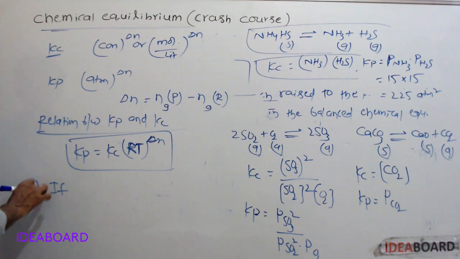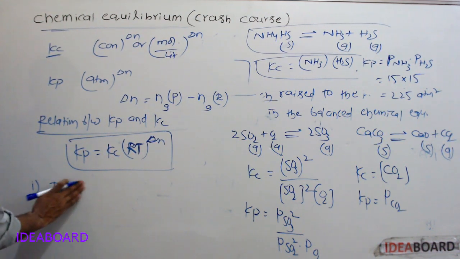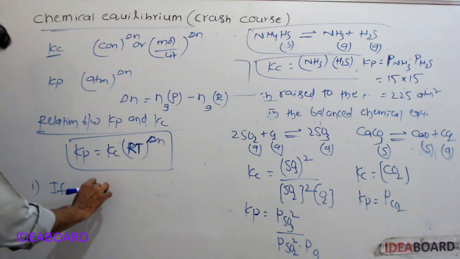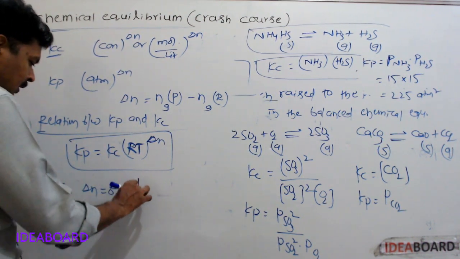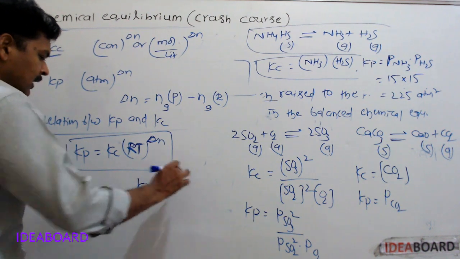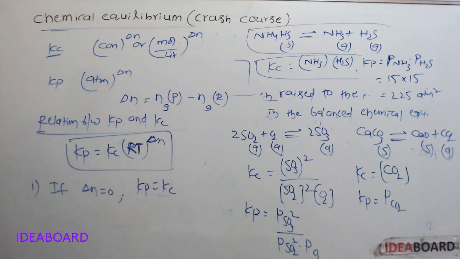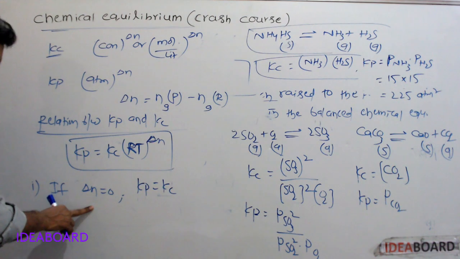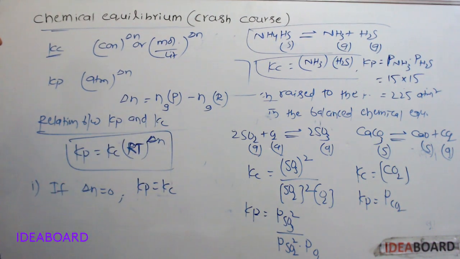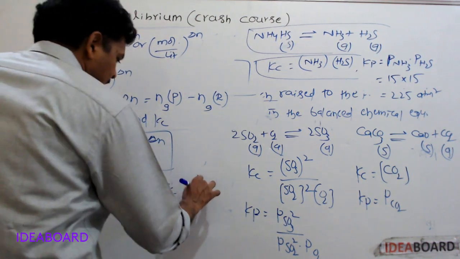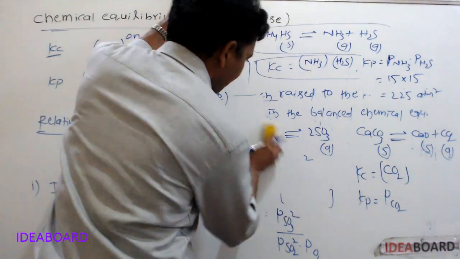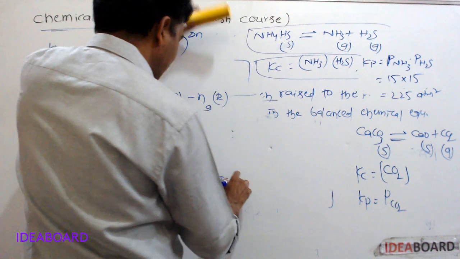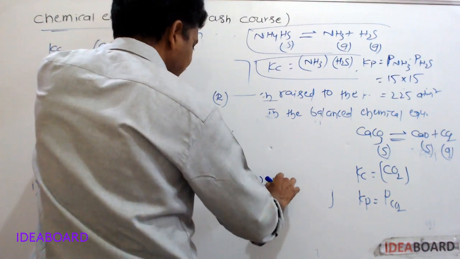If delta n is equal to 0 in a chemical reaction, then Kp is equal to Kc. Both are equal only. For example, H2 plus I2 gives rise to 2HI.